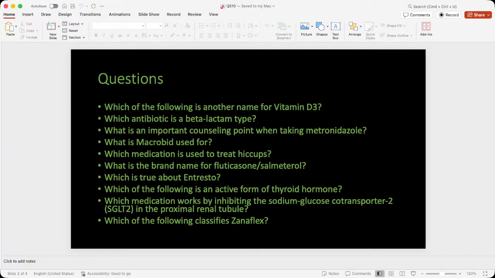Now, vitamin D3 comes under a different name than vitamin D2, hence the D3 in the name.